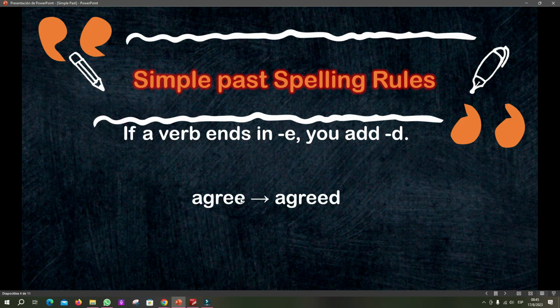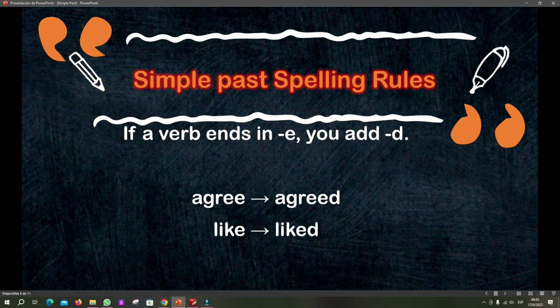So in this case, you're going to add only the D. Agree, agreed. So you have to be careful in this case. You don't need to add another E. No, just the D here, okay?